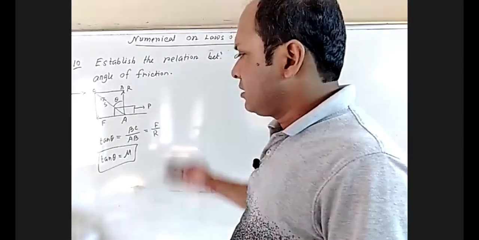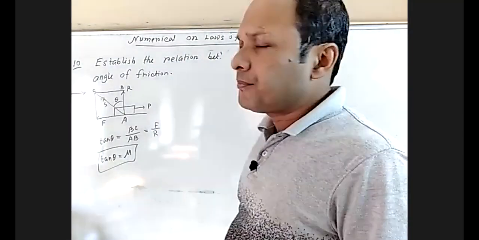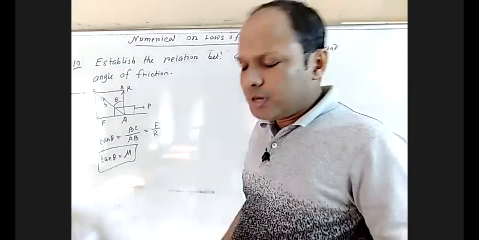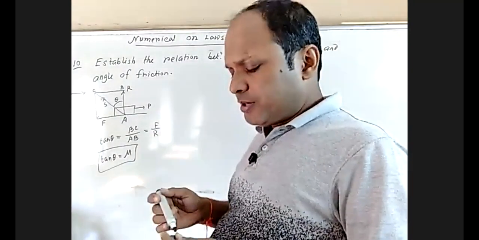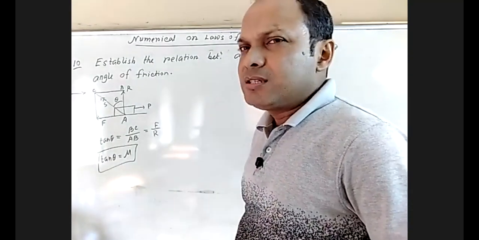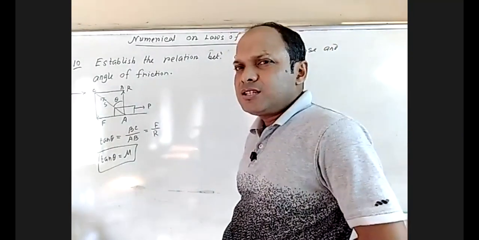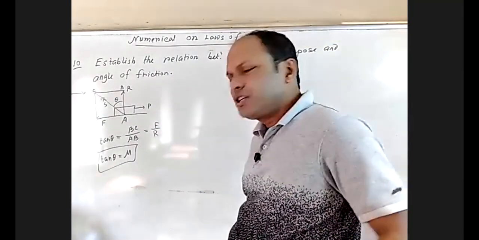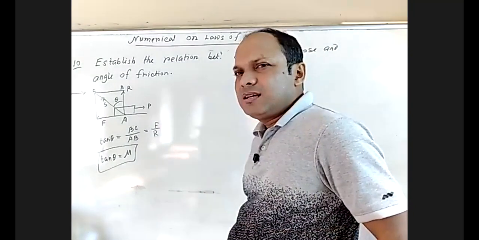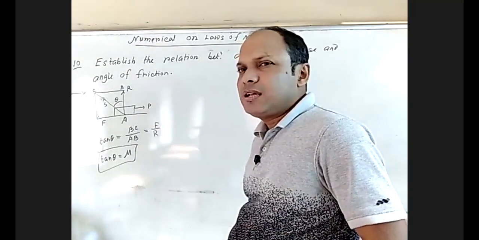So this is one relation between mu and the angle of friction. How can we define mu with respect to the angle of friction? The coefficient of friction mu is the tangent of the angle of friction.